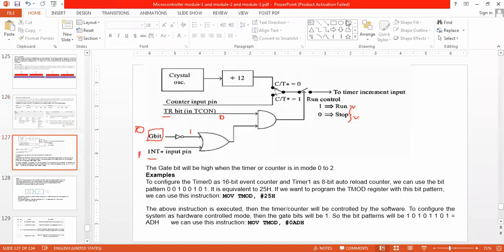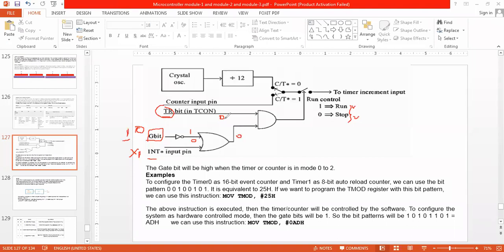Whenever the gate bit is 1, then no matter what this bit is, the output depends completely on only the TR bit. If the TR bit is 0, so this is going to be 0. If it is 1, this is going to be 0, and the output is going to be either 0 or 1.